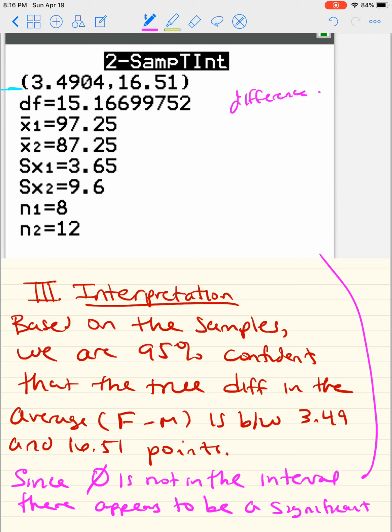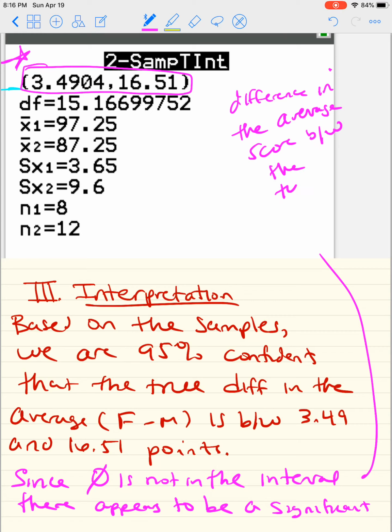In other words, we think that females score higher on exams than males by anywhere between these 2 points. Another thing you might read sometimes is that since this only contains positive values, that's the same thing as saying 0 is not in the interval. So since 0 is not in the interval, there appears to be a significant difference in the average score between the 2 groups. Okay?